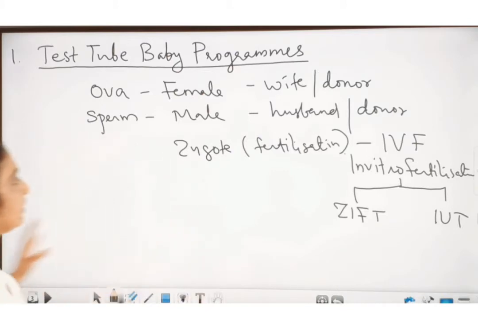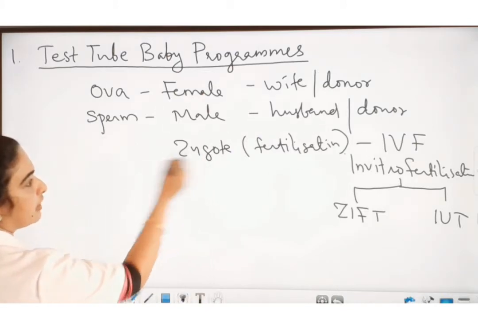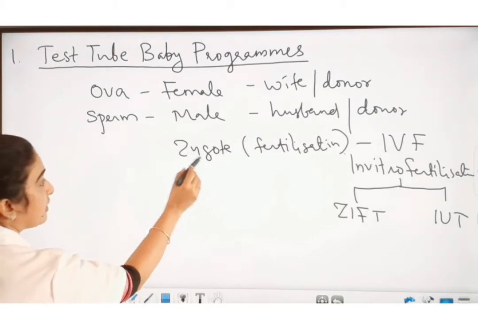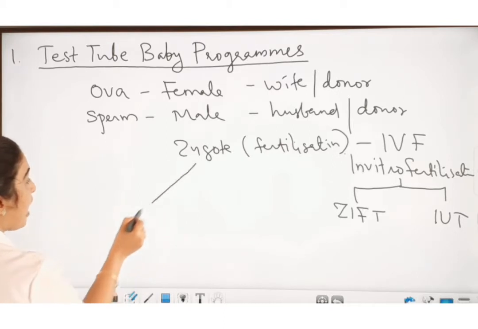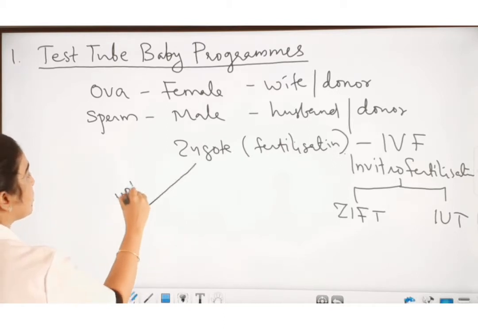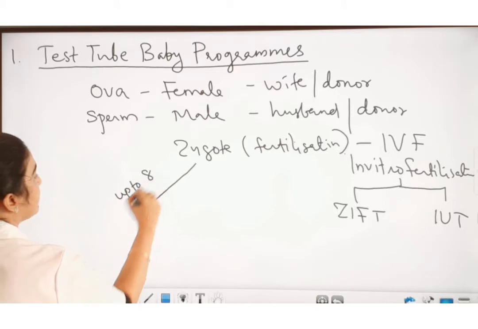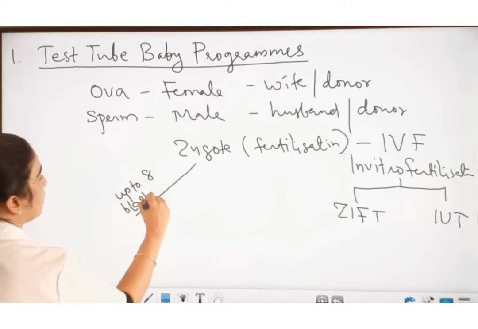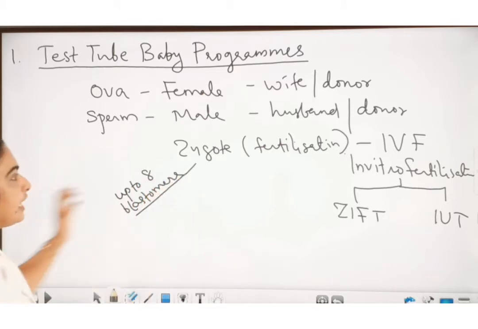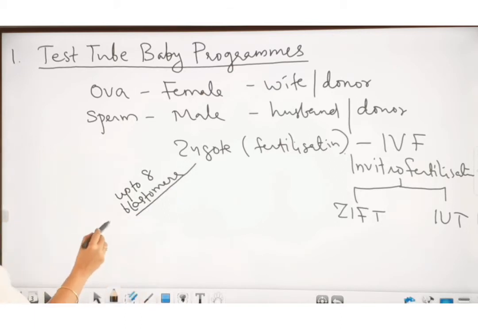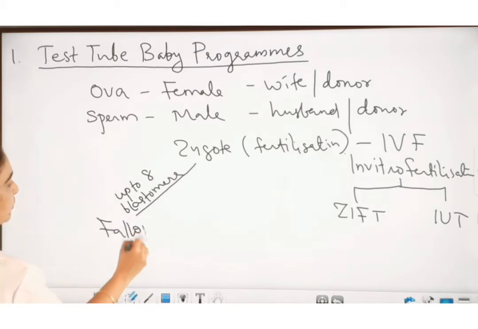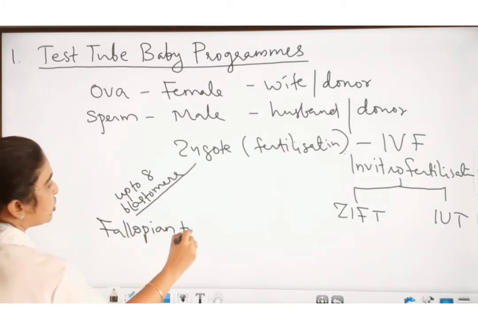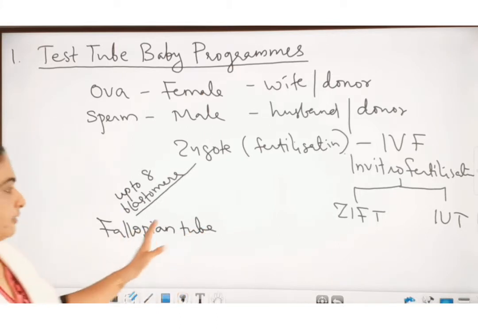Let's see what is meant by CIFT and what is meant by IUT. As I told you, zygote is formed under in vitro condition. When the zygote attains up to 8 blastomere stage, it can be directly deposited into the fallopian tube of the female.